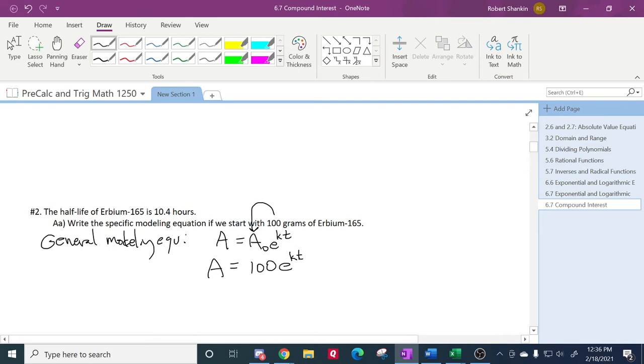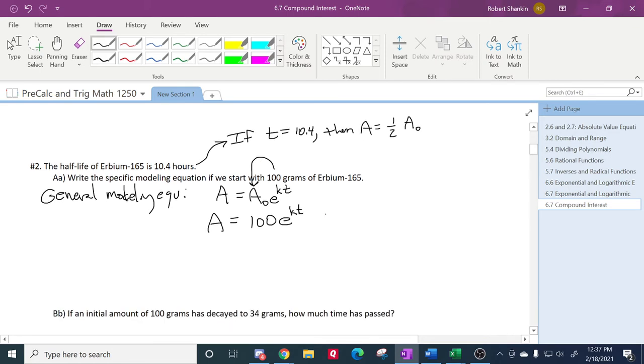Now, the half-life is 10.4 hours really says this. If t is equal to 10.4, then a is 1/2 of what it started with. Now, let me plug this information in two different ways.